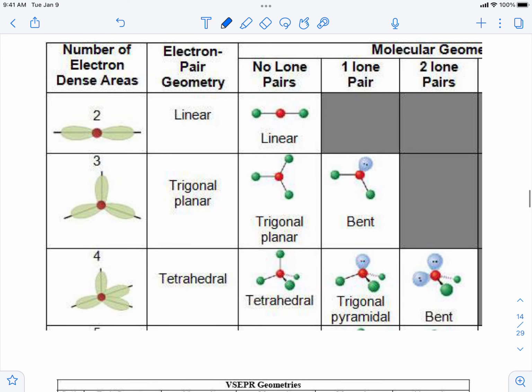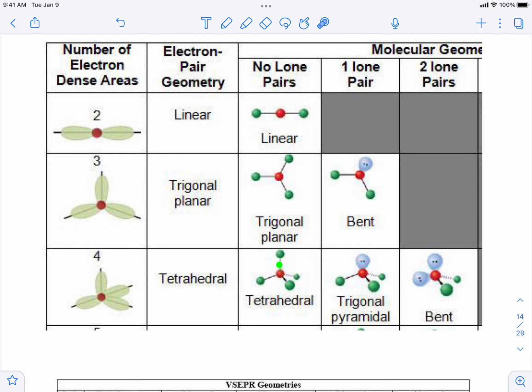So this table is a summary of the shapes that you would need to know. Right? There's 3 families: the 2-pair family, which will be linear; the 3-pair family, which has 2 different shapes. It's got a trigonal planar. This is the basic shape. If one of these was a lone pair, then this would be bent. Your 3rd family, which is tetrahedral.